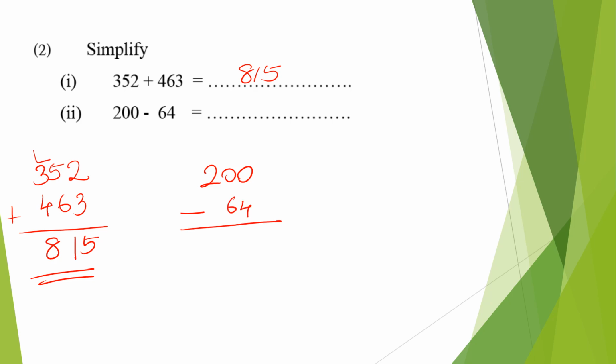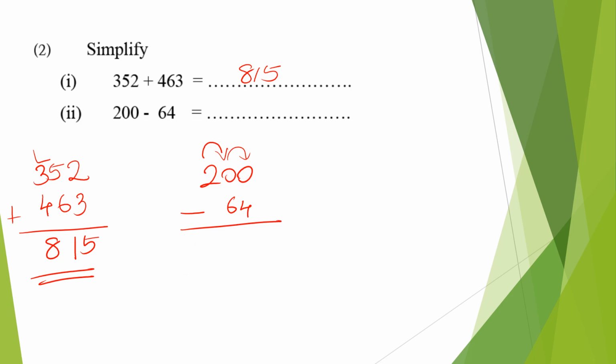Here this is 10, and this is 0, so you cannot subtract 4 from 0. So you have to take 1 from here, but there's nothing to take from there. It is also 0, so you take 1 from here, and then this place becomes 10, and you take 1 out of here, then this is going to be 10, and this is going to be 9.